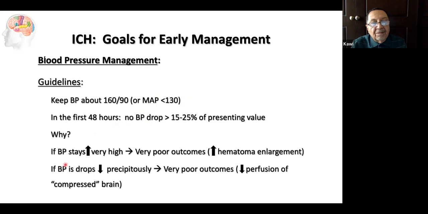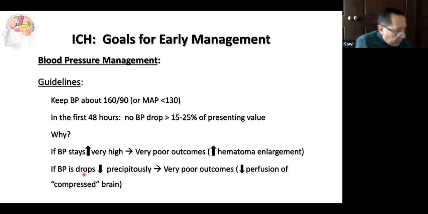Because if the blood pressure stays very high, there is very poor outcome, because the hematoma will enlarge and there is more damage to the brain structures. If the blood pressure drops precipitously, then there is very poor outcome because of decreased perfusion of the compressed brain.